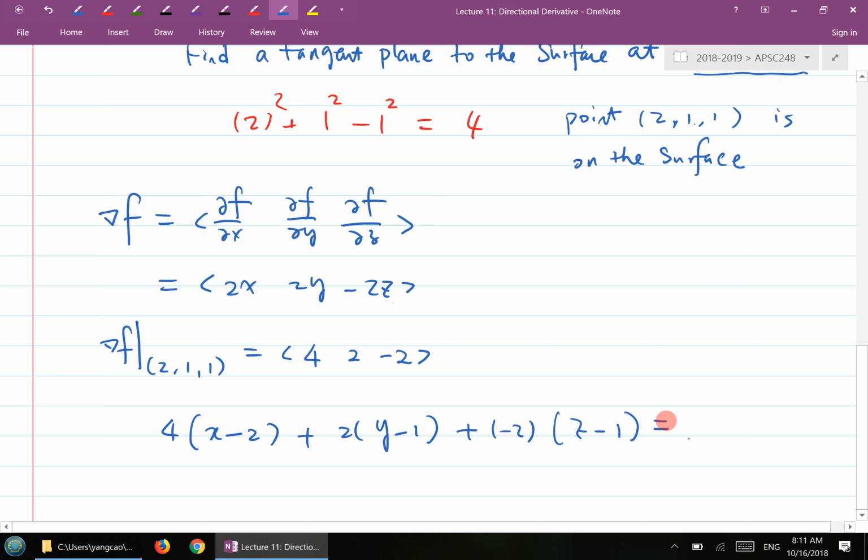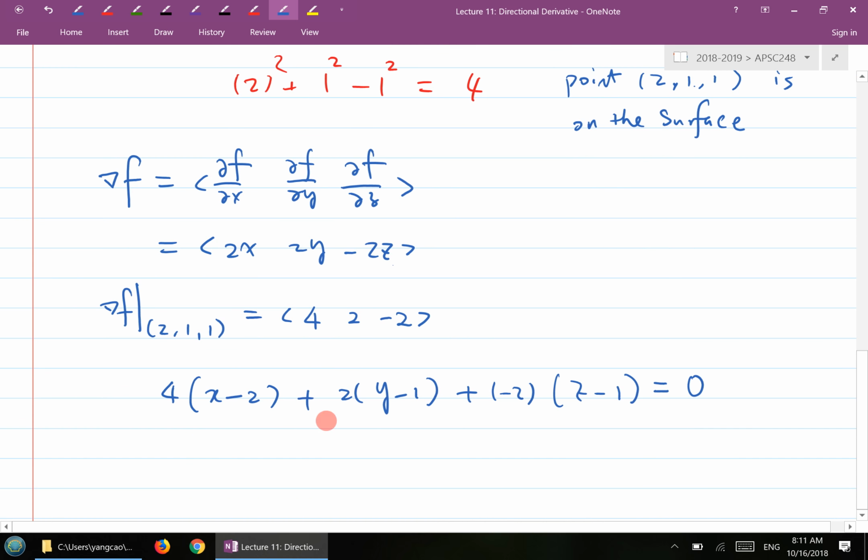That's your plane equation. With a quick simplification, you end up with 2x plus y minus z equal to 4.